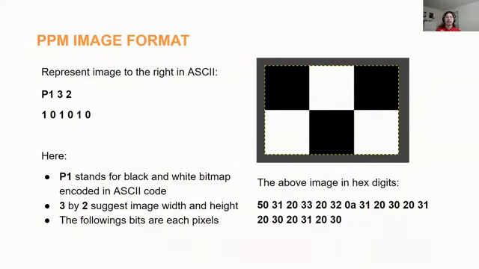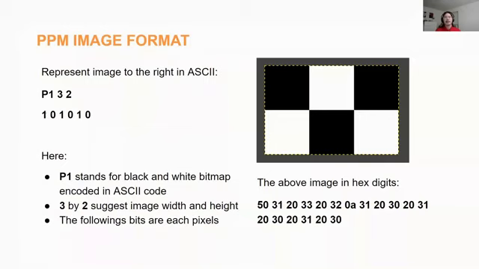The following bits, alternating 1 and 0, basically say what each pixel is. If that's a color picture, there will be a slightly different header. That's going to be P3, I think, or actually P5. P3 is reserved for grayscale. But anyway, that's how you represent pictures.